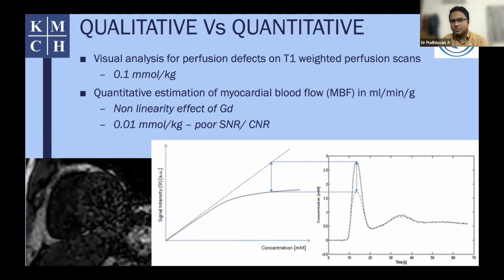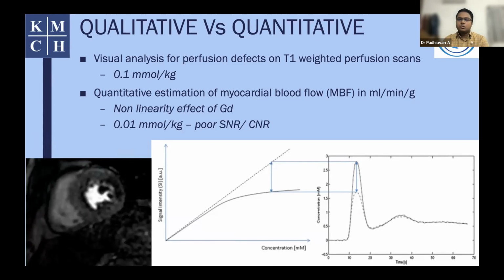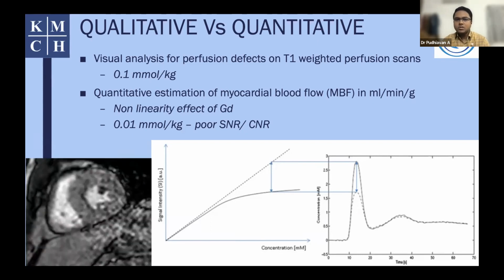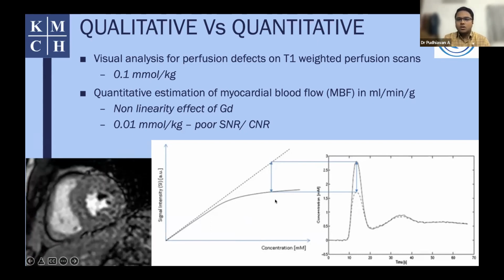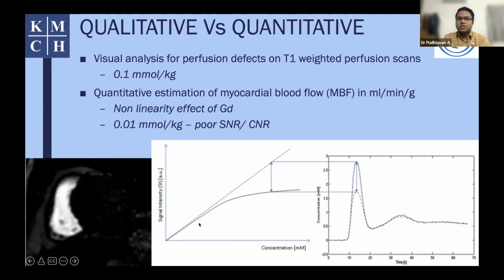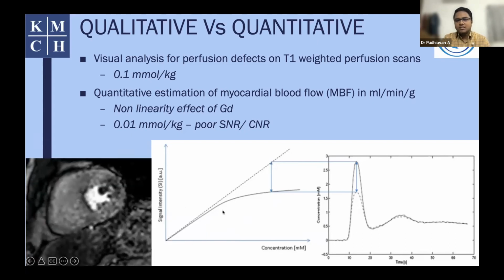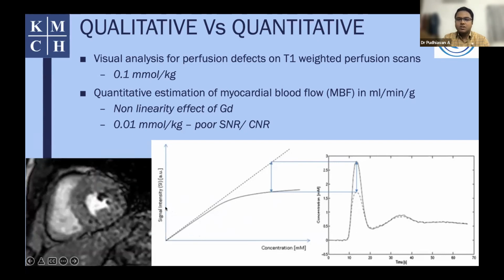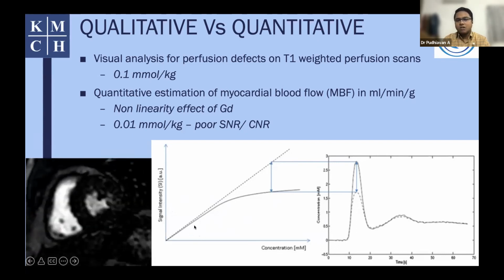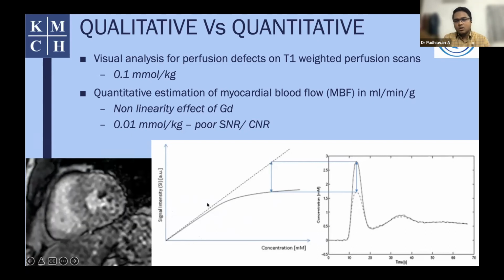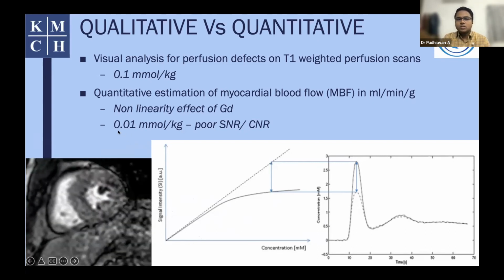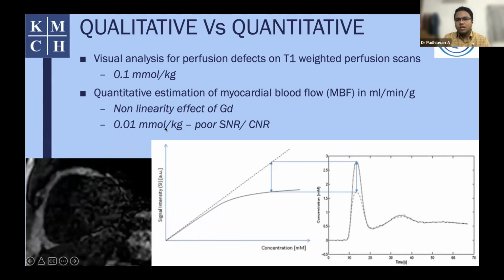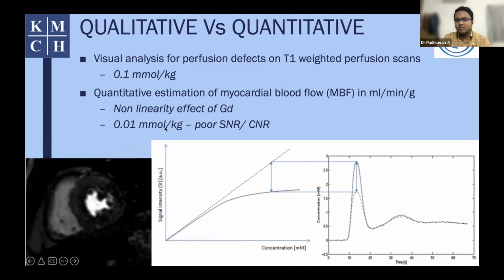if we are using the arterial input function to quantify the perfusion. To overcome this, we can use a lower concentration of gadolinium so that the concentration remains in the part of the curve where there is a linear relation between concentration and signal intensity. However, then you have to use a concentration of around 0.01 millimole per kilogram for quantitative assessment.